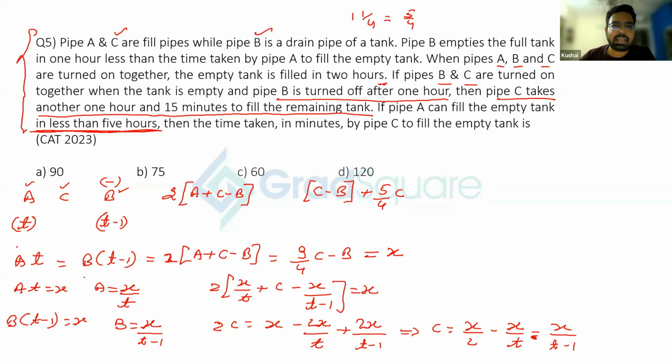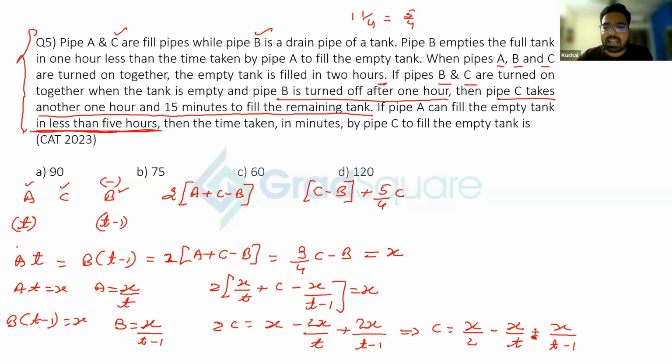So I've got my A in terms of x and t, B also in terms of x and t, and just a second, Karthik, C in terms of x by 2 minus, and this should be plus. Sorry. Right. Thanks. Otherwise, I would have gone wrong the entire thing. Fair. C becomes equal to x by 2 minus x by t plus x by (t minus 1).